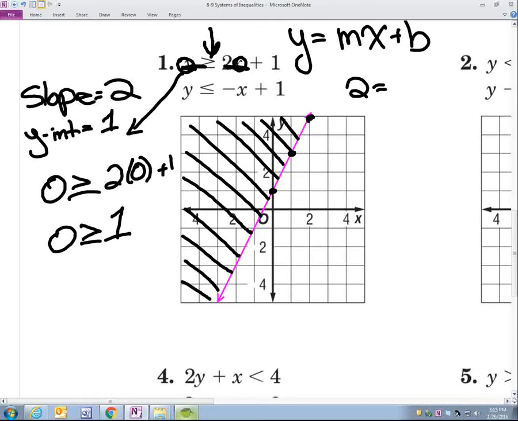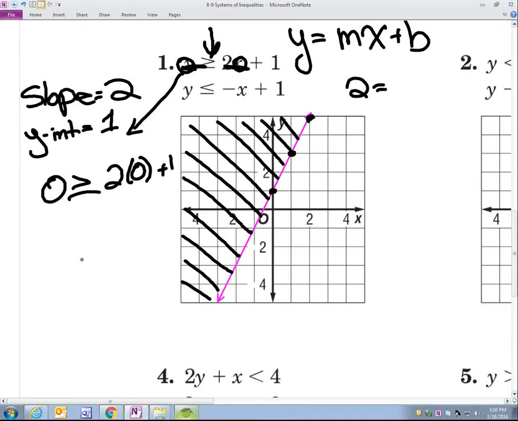So that is the side that takes it, because the other side didn't make the inequality symbol true, so I knew it had to be on the left side of the boundary line. The boundary line is the pink line there. So I'm done with the first inequality.